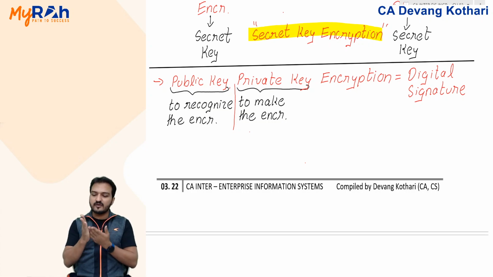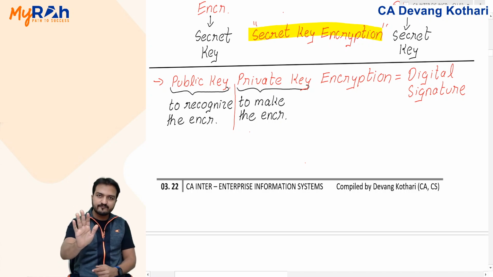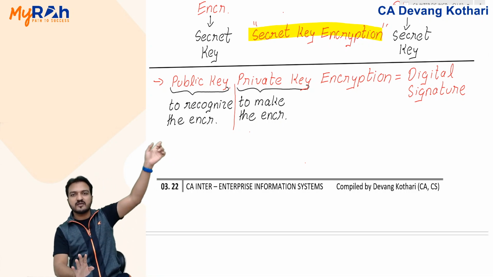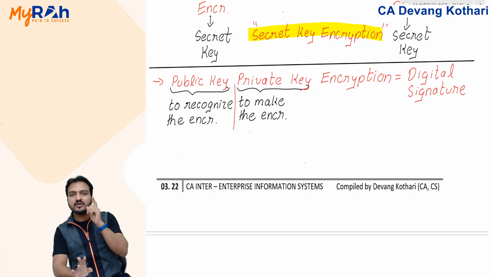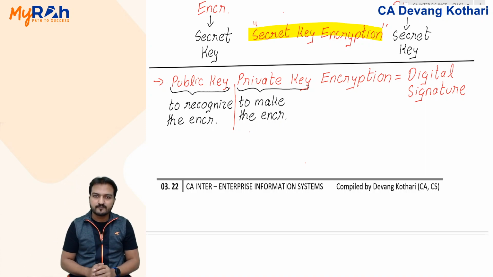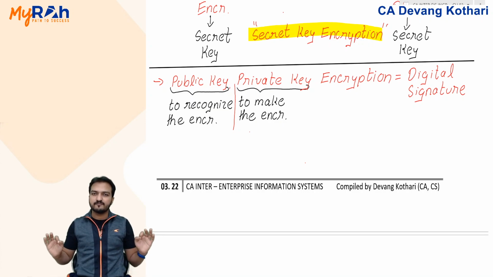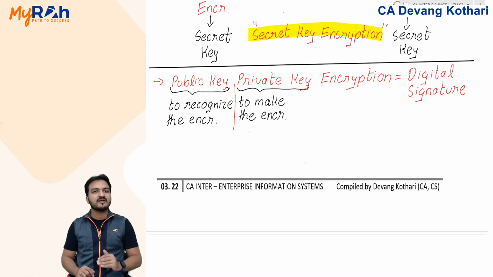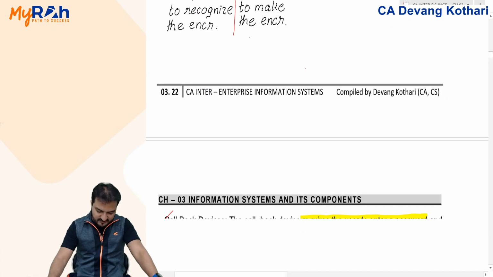Well, if I have encrypted the document using my private key, when you receive this document, you can check with my public key on the government server to ensure that this type of encryption could have been done only by Devang sir's private key. So what does it prove to you? This method of encryption can simply prove to you that the document has come from me. The only benefit of this encryption is to prove that the document has come from me. That was your digital signature.